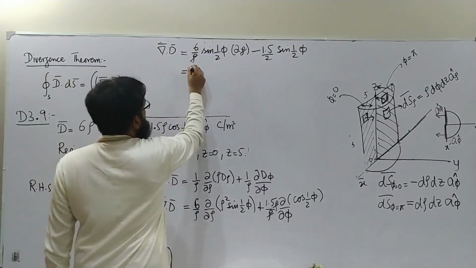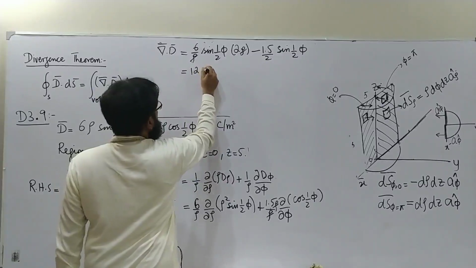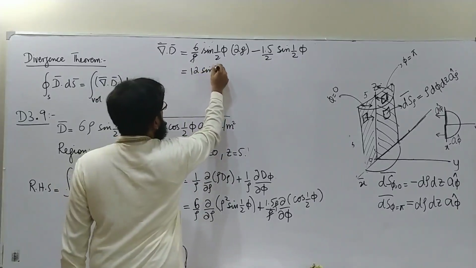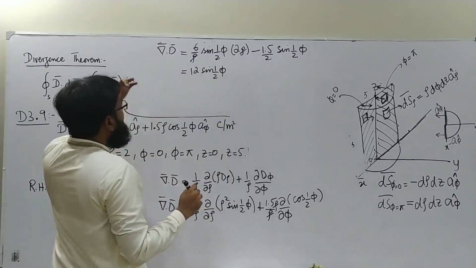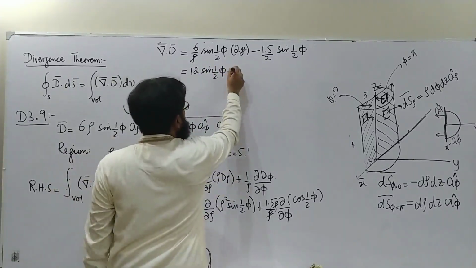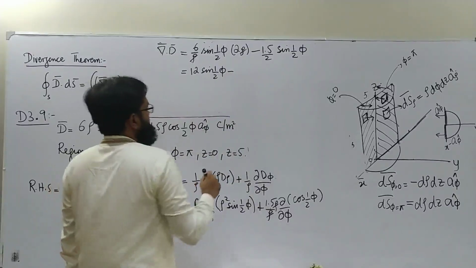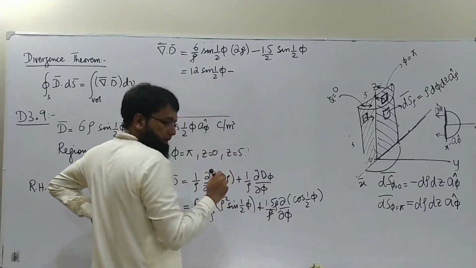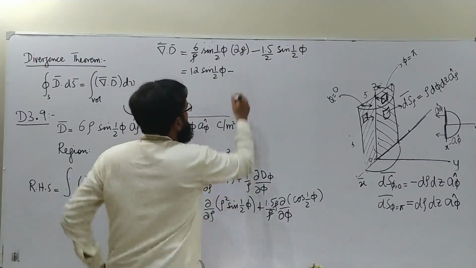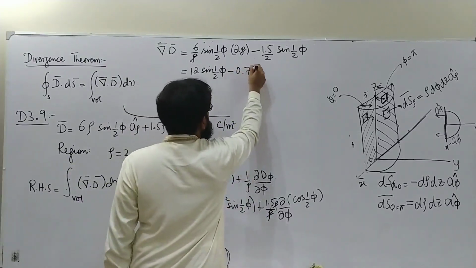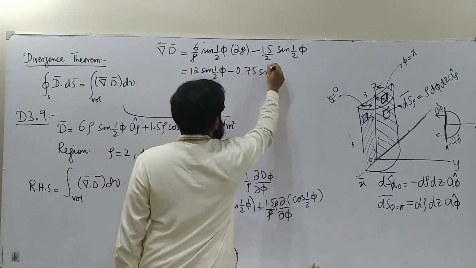So 12 sine half phi minus 0.75 sine half phi.